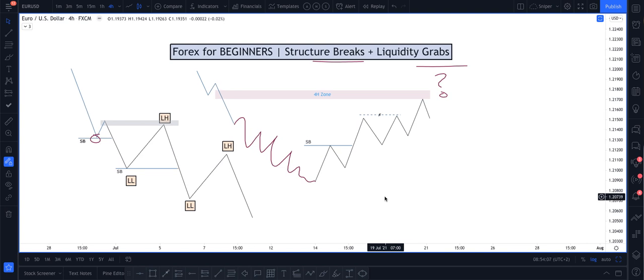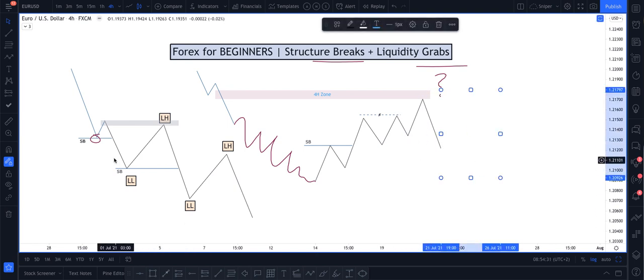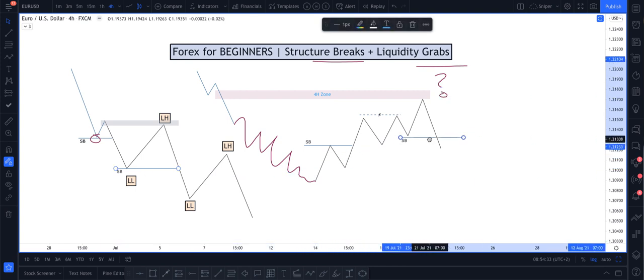Now, we first need to wait for the evidence that price is going to move towards the downside, because price could just easily react from this area and start pushing towards the upside again. We don't know that this is not going to be just another high or low. How do we know it's going to break down towards the downside? Well, one of the things is you can wait for the 4-hour to break towards the downside, break this structure so that we can see a structure break, as in the first example.